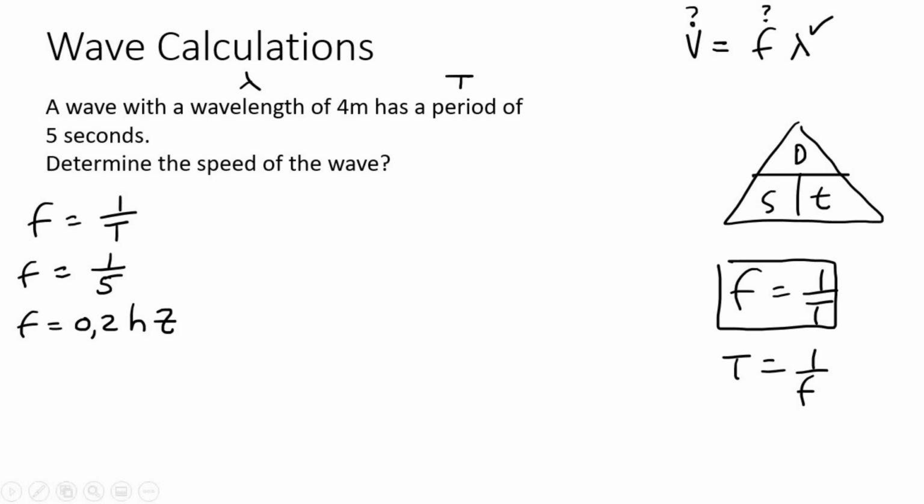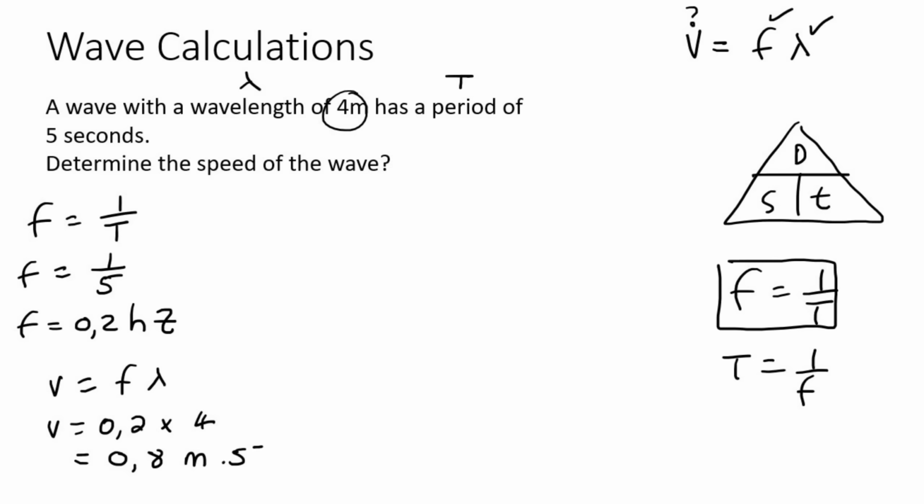So now we have frequency, and now we can use that formula: frequency multiplied by wavelength. The frequency would be 0.2, and the wavelength is 4 meters. If we do the calculation, we should get 0.8 meters per second, because that is the unit of speed or velocity.